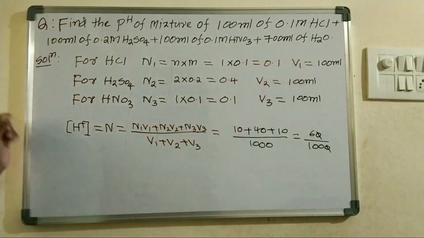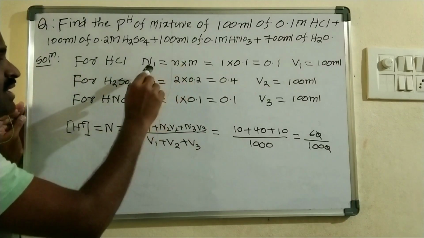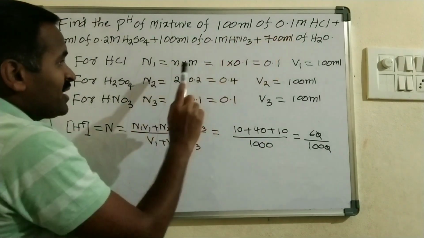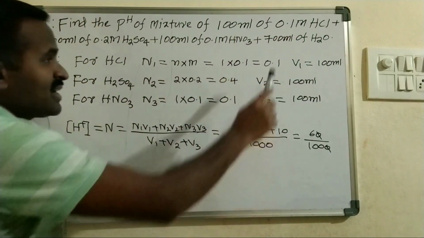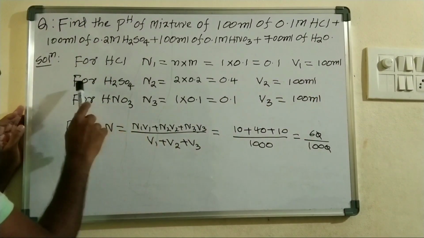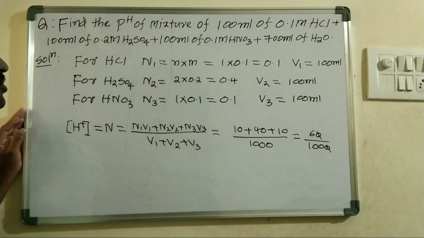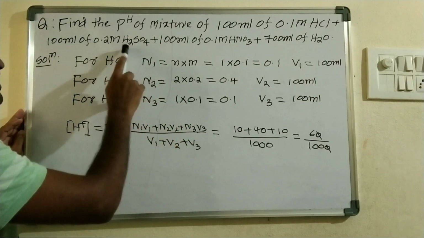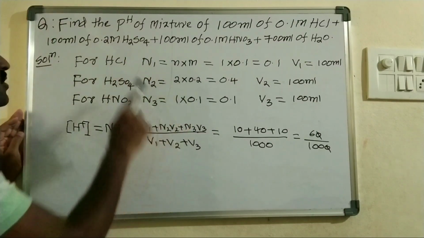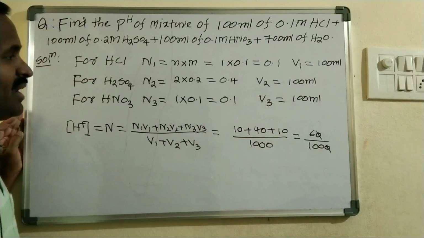So again for HCl, the formula is normality equals small n into M, molarity is given as 0.1, 1 into 0.1 you will get 0.1, volume is given as 100 ml. For H2SO4, normality N2 equals 2, its basicity or n factor, into 0.2, you will get 0.4, and its volume V2 is again 100 ml.